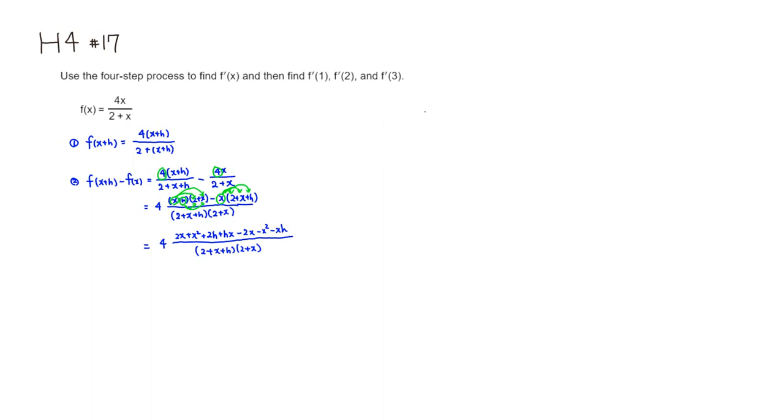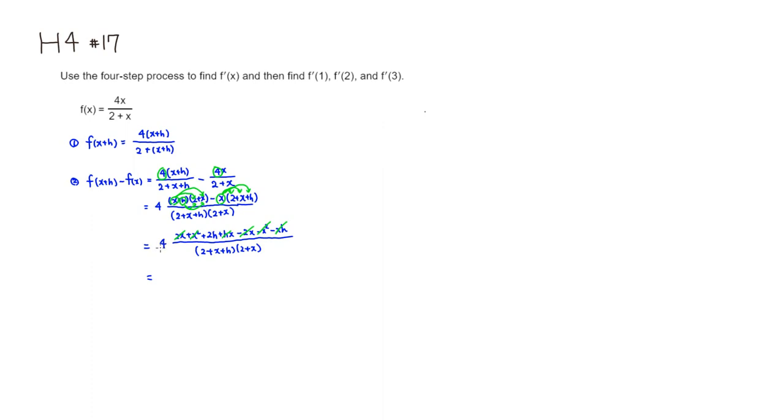Then we can cancel a bunch of things. You have a 2x and a minus 2x. There's an x squared and a minus x squared. And you have a hx minus xh, which is the same thing. So we cancel out. What's left over?